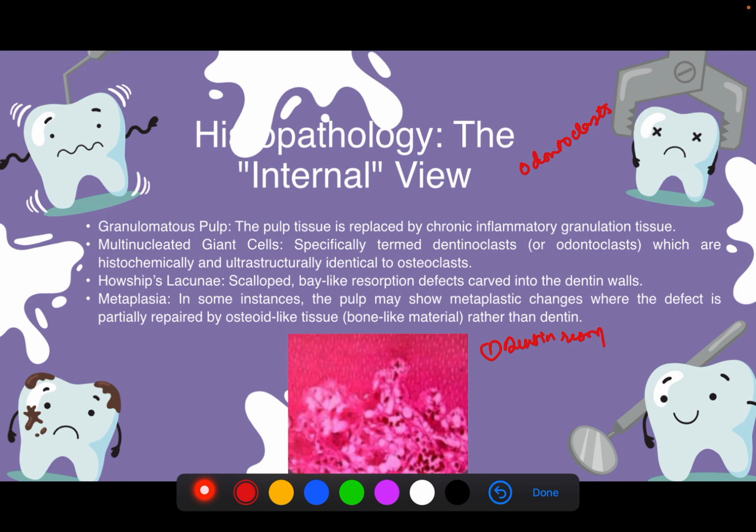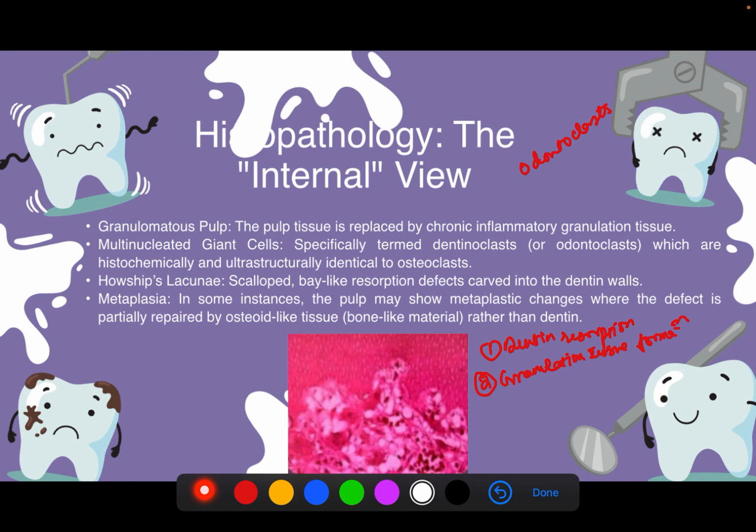Second is the granulation tissue formation, where the reabsorbed area is filled with highly vascular connective tissue, fibroblasts, and chronic inflammatory cells.